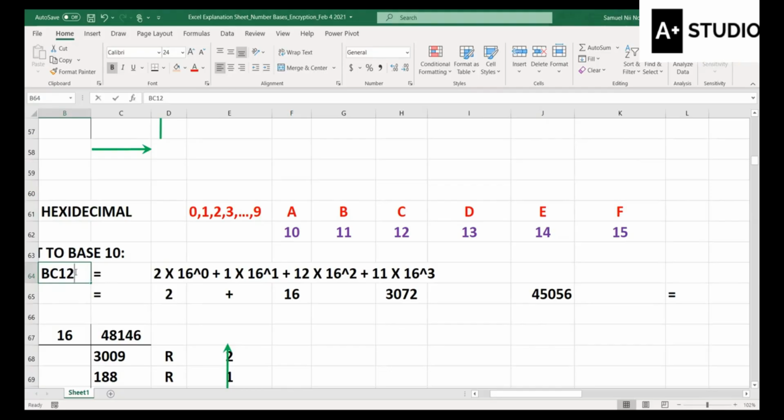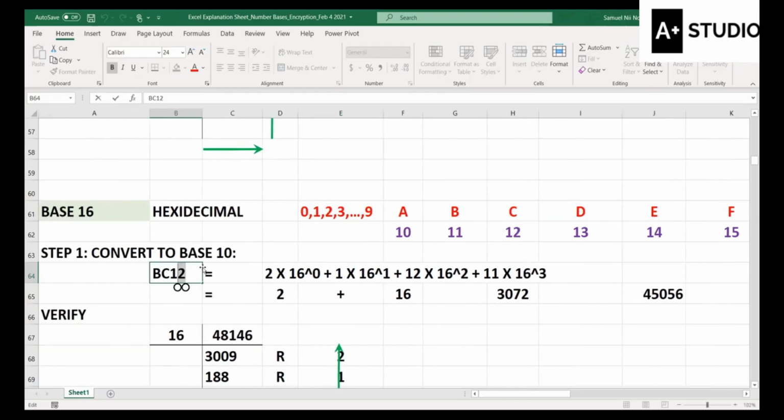Again, starting from the back, you have 2. So 2 times the base 16 raised to the power 0. Now 16 raised to the power 0 will simply give you 1, and times 2 will give you 2. Now then 1 times 16 raised to the power 1, that will give us 16 here. Then C, what is C? C is 12.